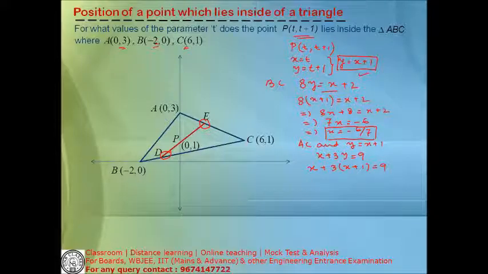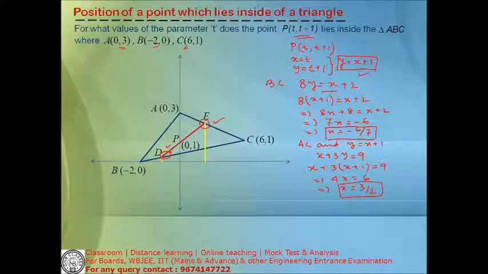So we are getting 6, so x is nothing but 3 by 2, right? So x equals 3 by 2. This is the abscissa of the point E, and the abscissa of the point D is minus 6 by 7. Is it clear? Now let us draw perpendiculars from D and E on the x-axis.